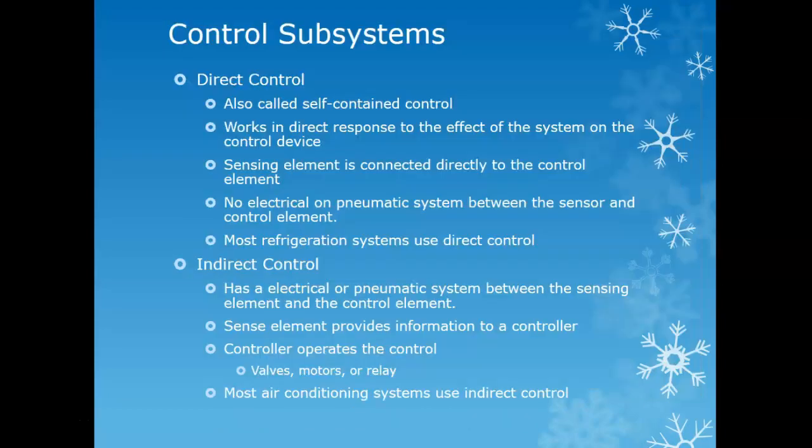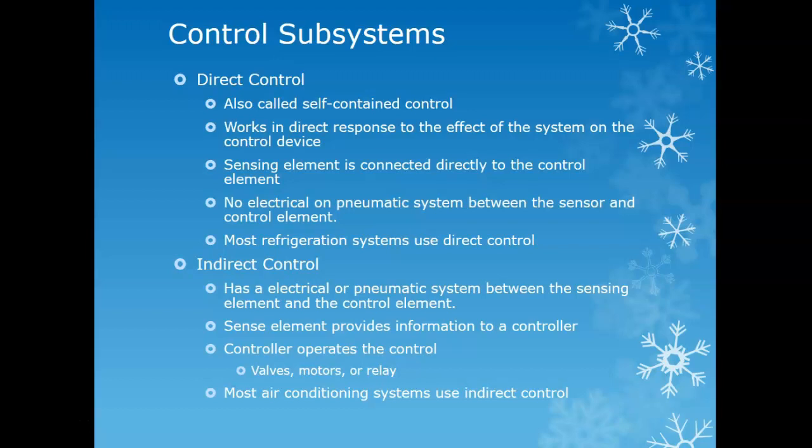So, control subsystems, because we have to control the air that comes into a room, otherwise you can make the room too hot or too cold. You have heat in the middle of summer and freezing cold in the middle of winter. So we have direct control, which is self-contained control.